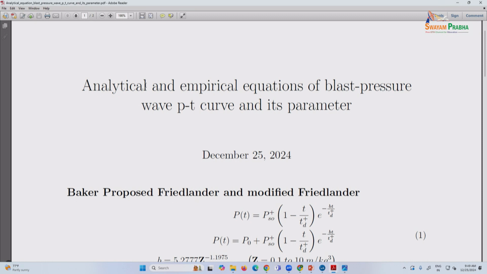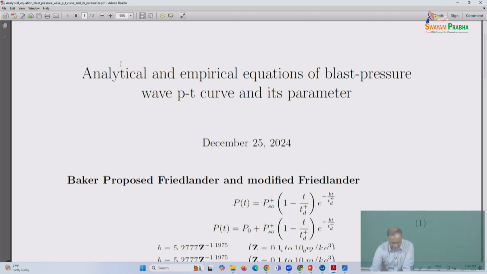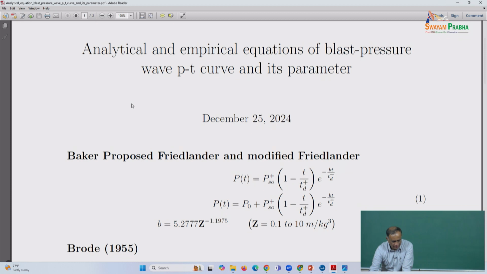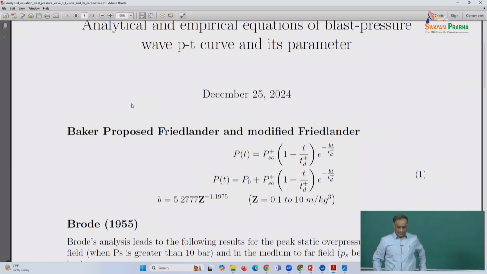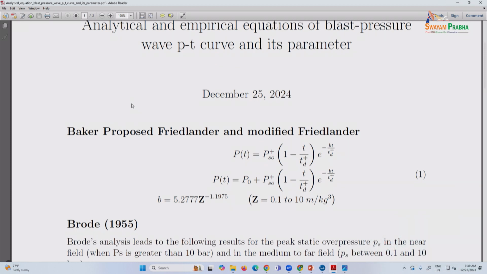Okay. So if you look at various analytical expressions, this is the first one. You see, oh, it's right here. So Baker proposed the Friedlander and the modified Friedlander equation. The modified is basically, this is the atmospheric pressure, and this is what I had written just now.